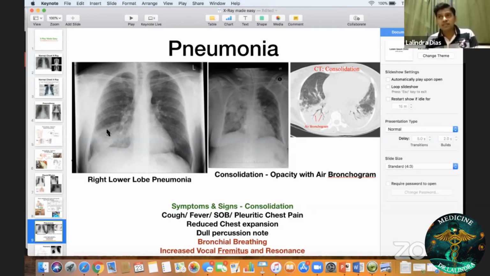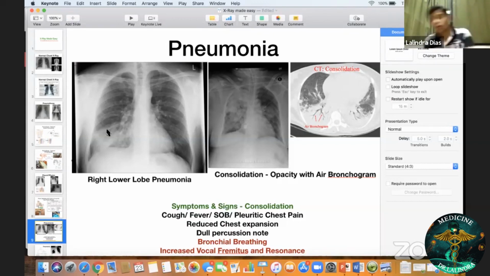Whereas if the patient develops pneumonia after 48 hours of admission to the ward, that means after 2 days of admission, then you call it hospital acquired pneumonia.